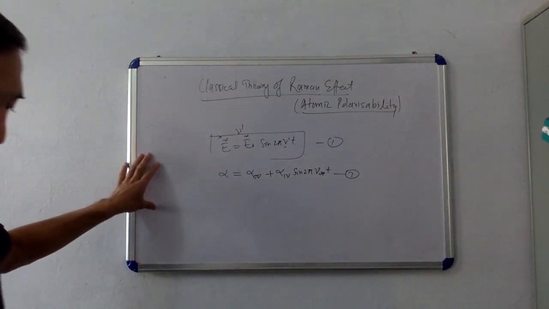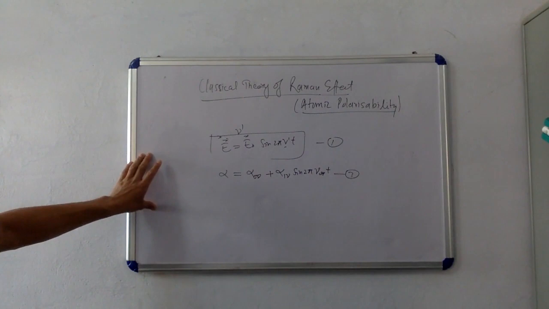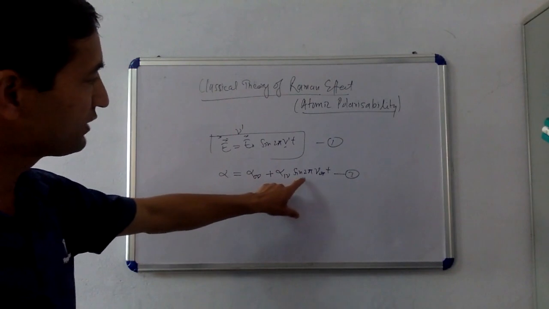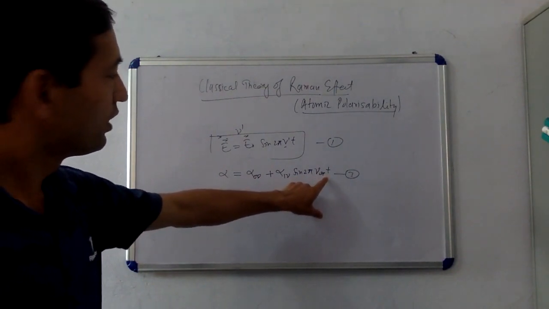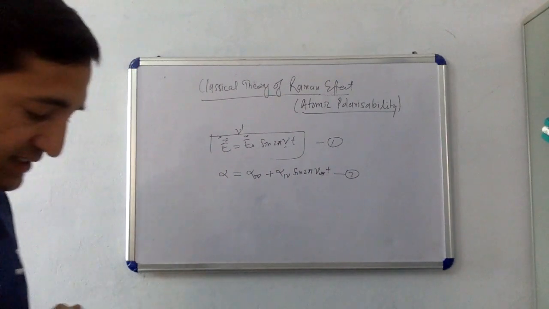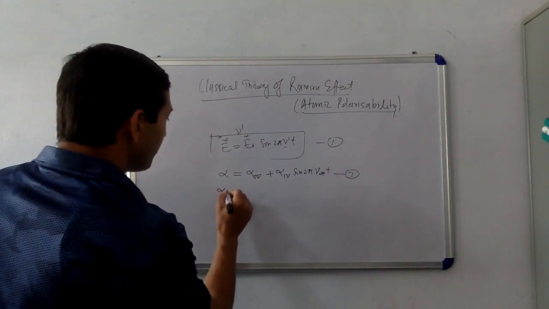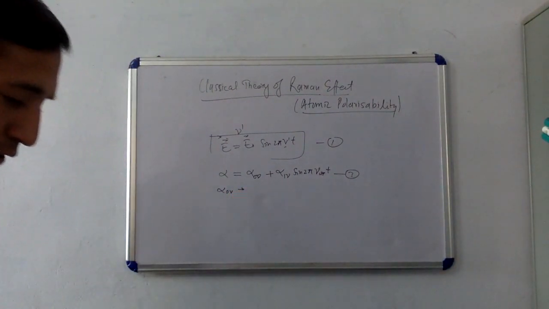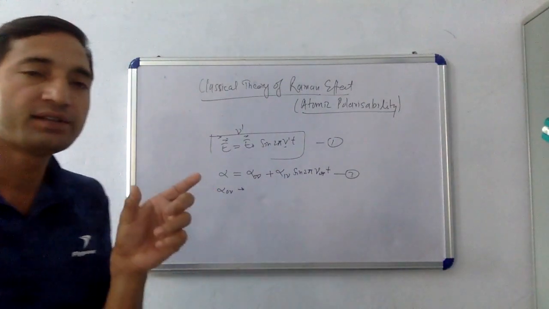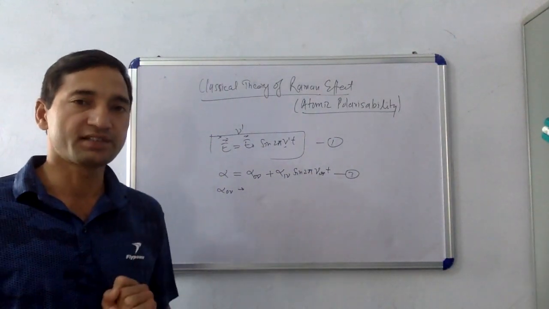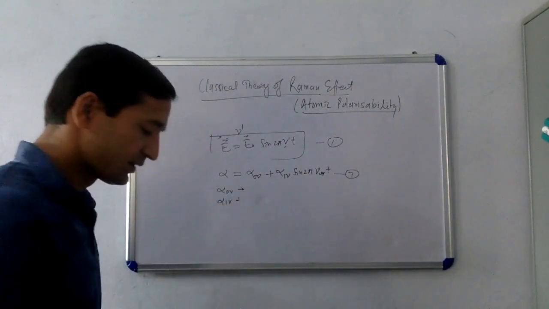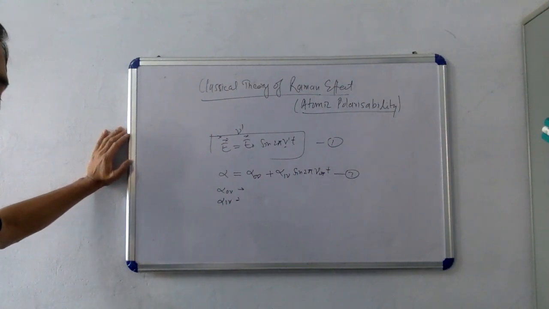So the vibrational variation in polarizability may be written in this form: alpha is equal to alpha naught of nu plus alpha 1 of nu sine 2 pi nu oscillating of t, where this alpha naught of nu is your value of alpha once these atoms are at an equilibrium distance, whereas this alpha 1 of nu is the maximum change in alpha during the variation.